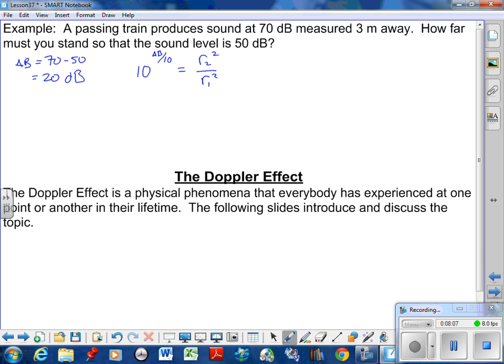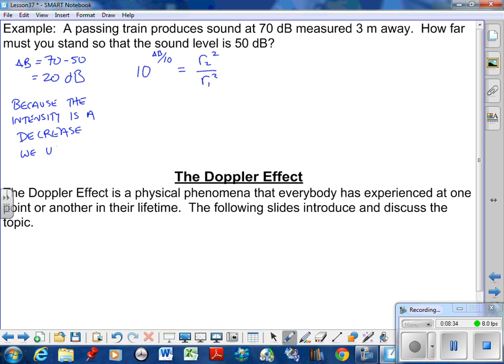All right. So now we have to be careful here because the decibel level is a decrease. Because the intensity is a decrease, we're going to have to use negative 20 here.